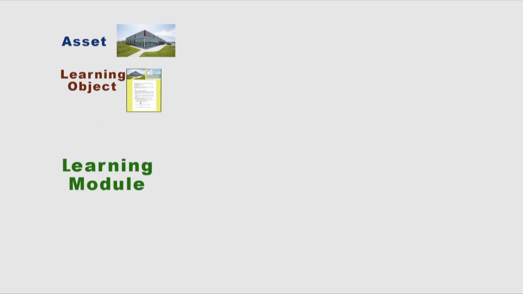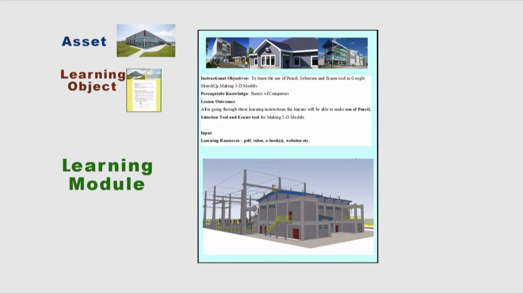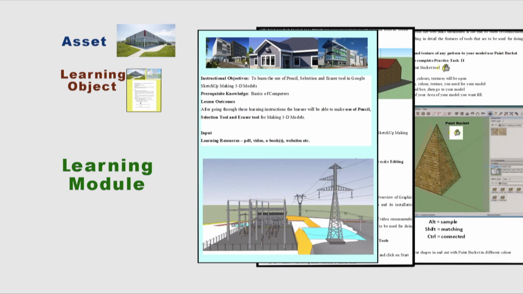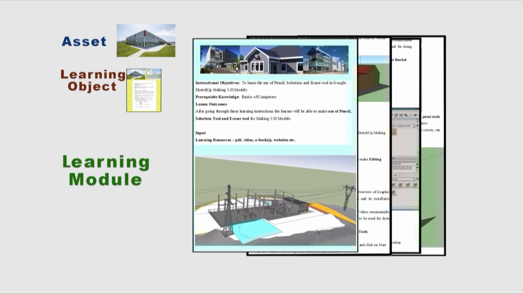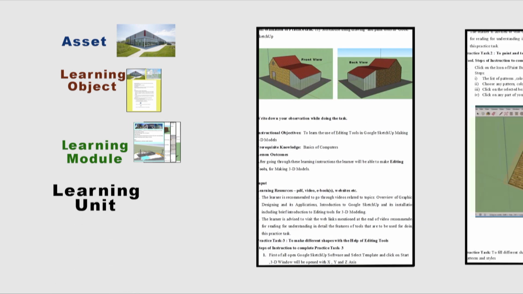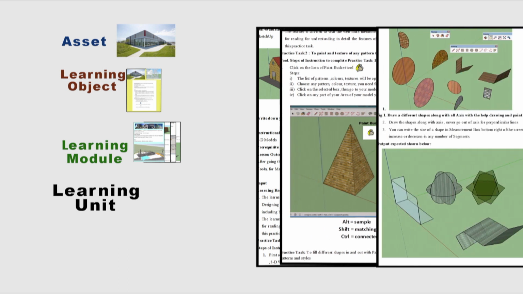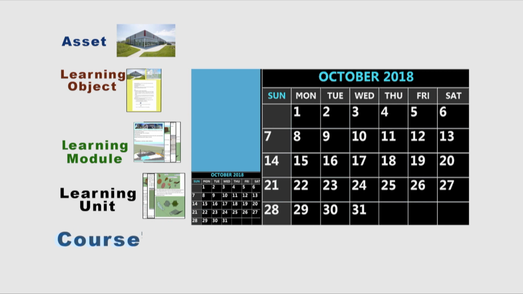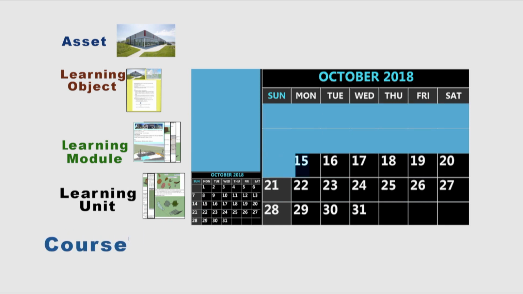Learning module is the combination of many learning objects consisting of self-test questions as well as assignments. When learning modules are combined in a pedagogical framework, it is known as learning unit. Finally, learning units are converted into a full course, which is a longer period of teaching from 4 weeks to 6 months.